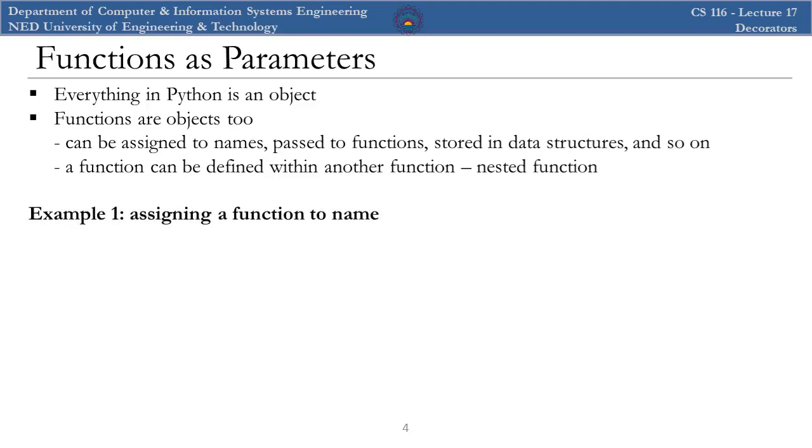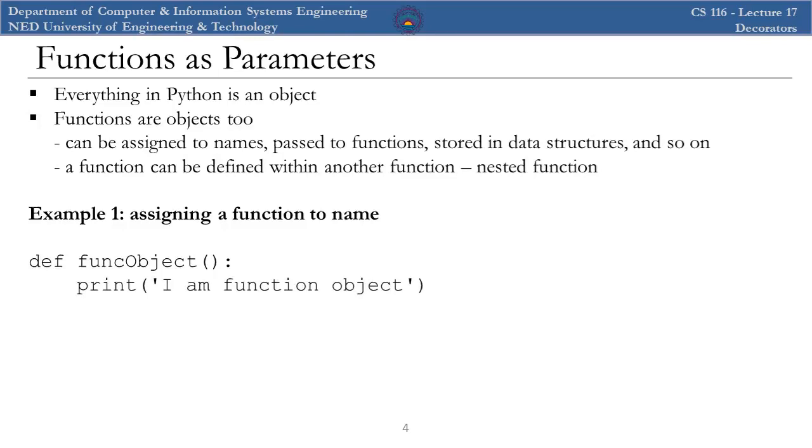In this first example, we'll see how we can assign functions to a variable name. I'm defining a function called func object, and this function prints the statement: I am a function object, and that's all it does. Now, if I write this statement, this is the way we had been using functions previously. This statement will simply call the function func object and execute it, and whatever is returned from that function will be assigned to m.